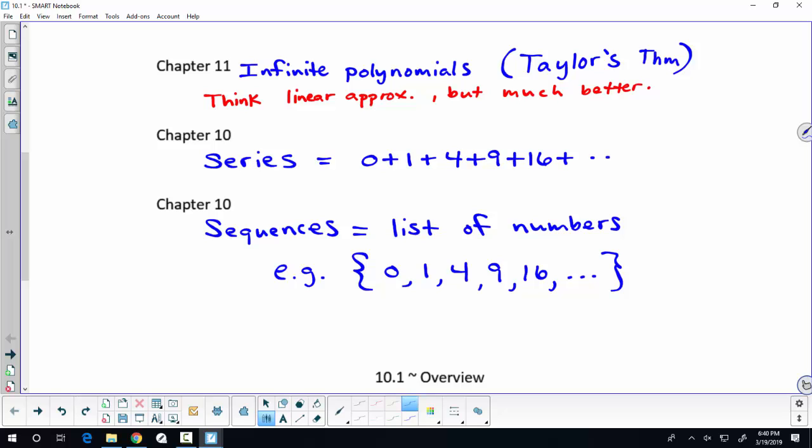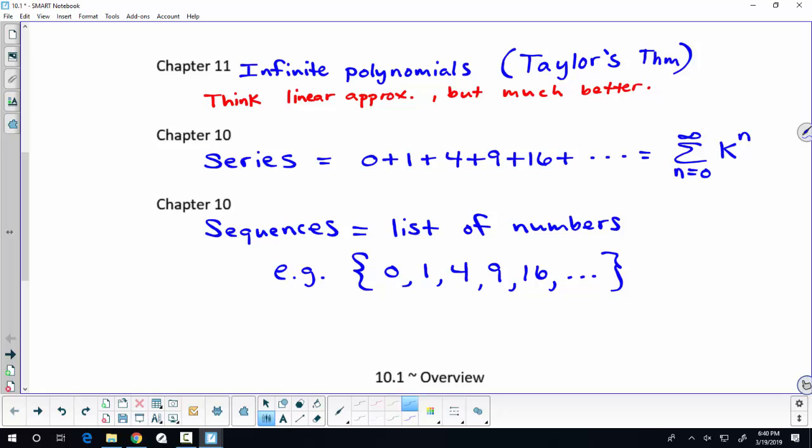Is that just summation? Yeah, and these are written as infinite sums. I mean, they can be infinite. But that's the difference between the two.